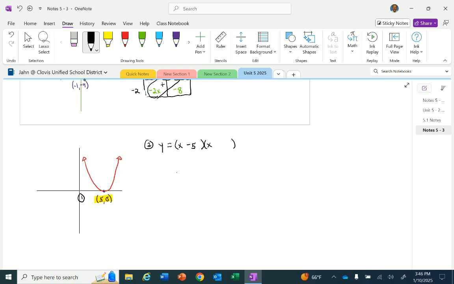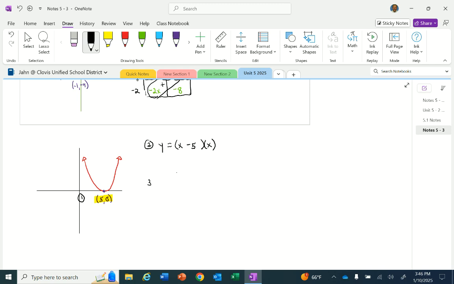So I put an x minus 5 in that first parentheses. Okay, now, because there is not a second x-intercept, what that means is that your second parentheses is simply just going to be x. There's no number to put the opposite of next to that second parentheses, it's x, because there's not a second x-intercept. Okay, so that would be step 2.